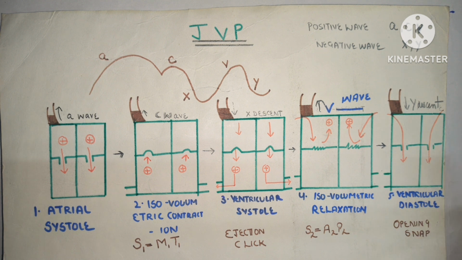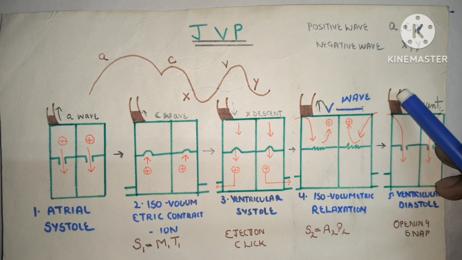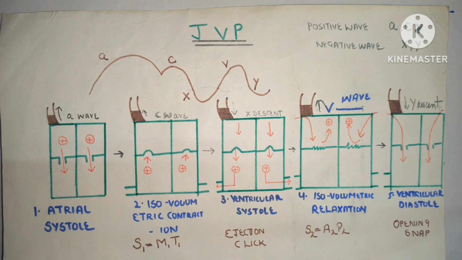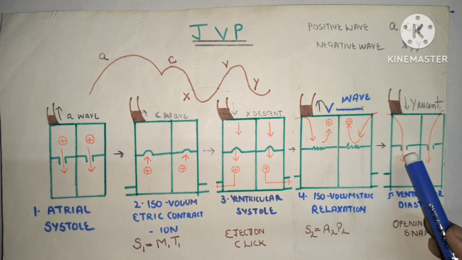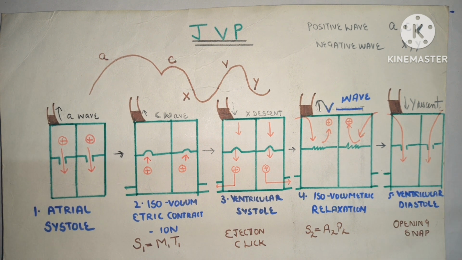So the blood will come down to the ventricles. So the pressure in the right atrium has decreased. The pressure in the jugular vein decreased. So, Y descent. And this corresponds to the opening snap, guys. The opening snap corresponds to the opening of the tricuspid and mitral valve.